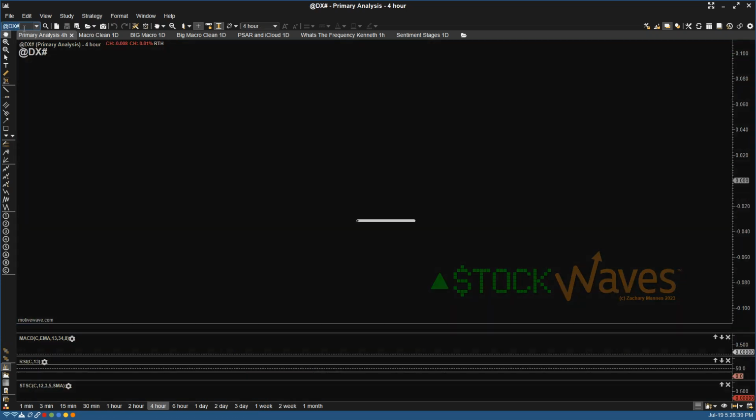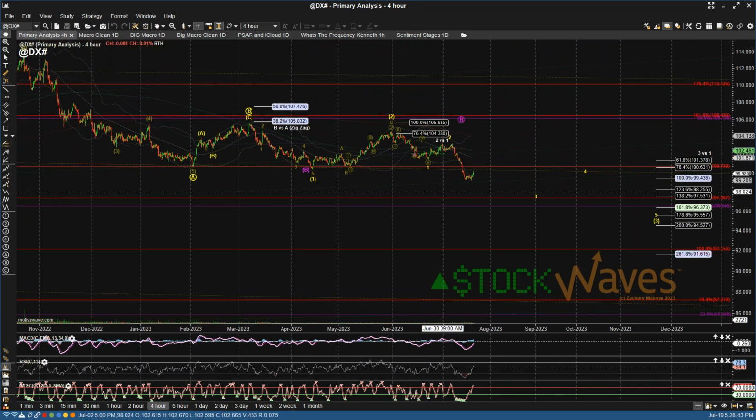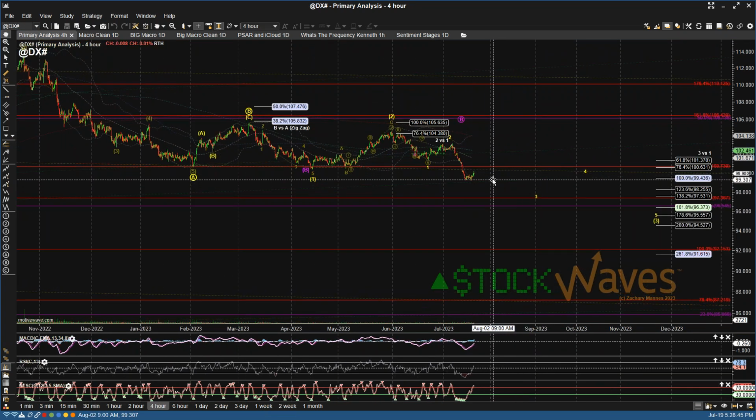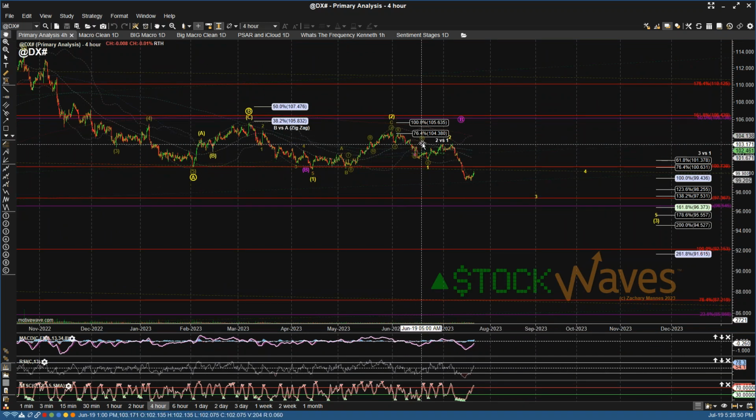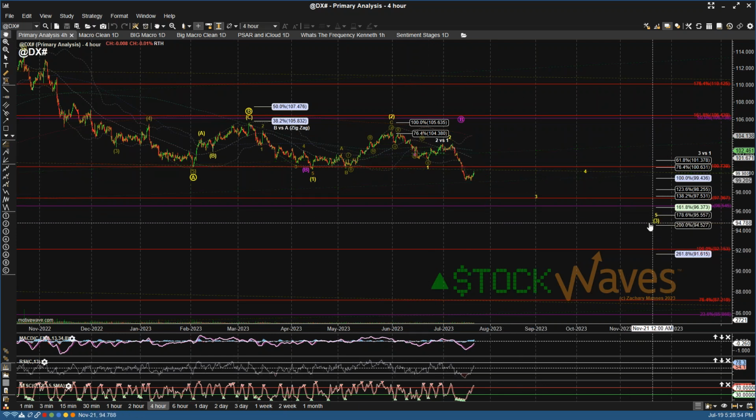Before we move on to the other commodities, let's take a quick look at the dollar. I think the dollar can be in the heart of this third wave down, but we don't have the cleanest 5 waves down for wave 1 inside this 3.